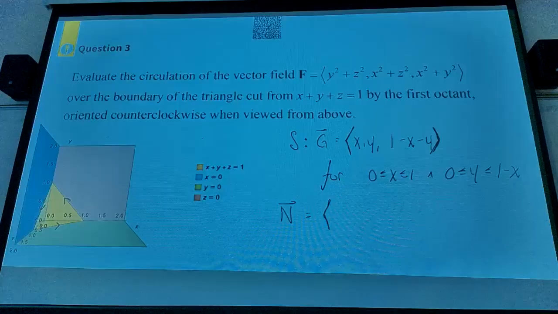Normal vector: negative z sub x, negative z sub y, 1. And that is indeed outward pointing.